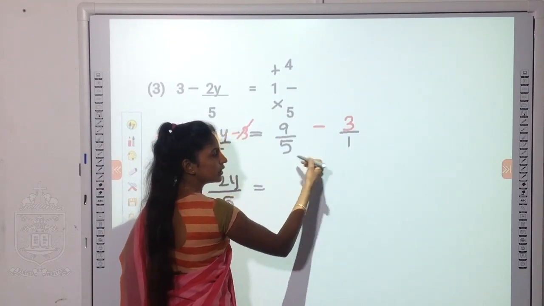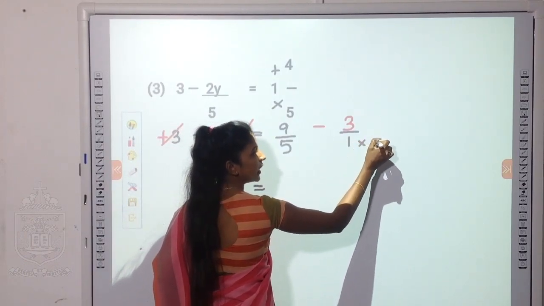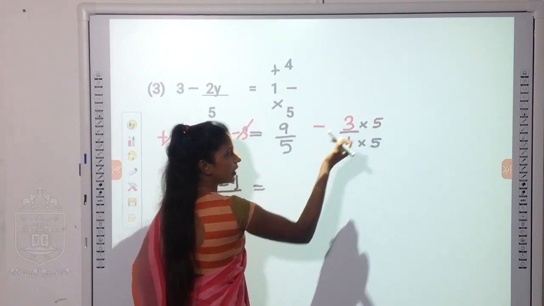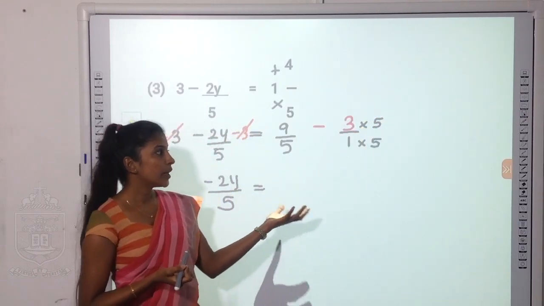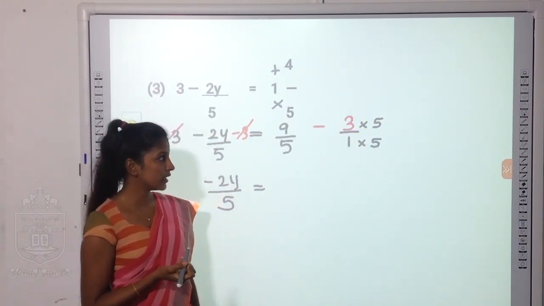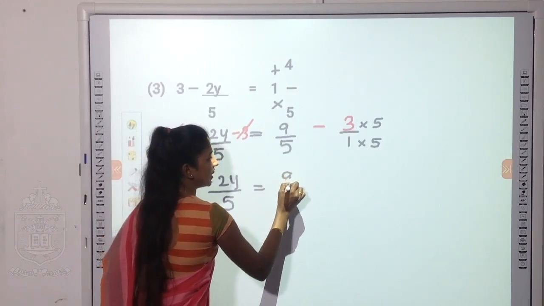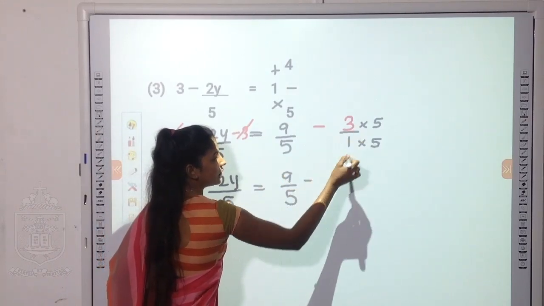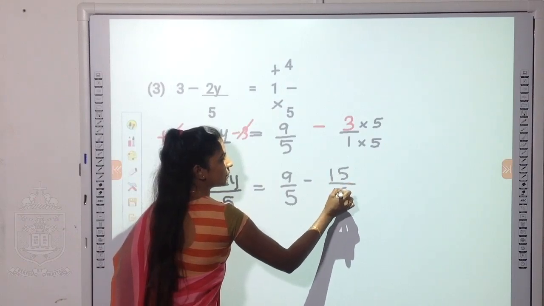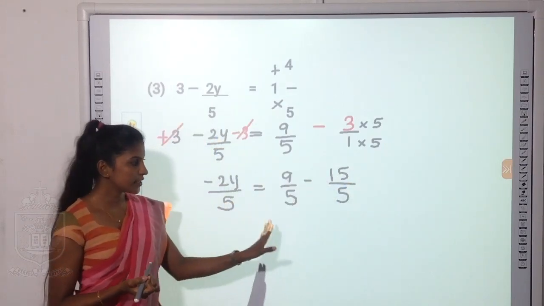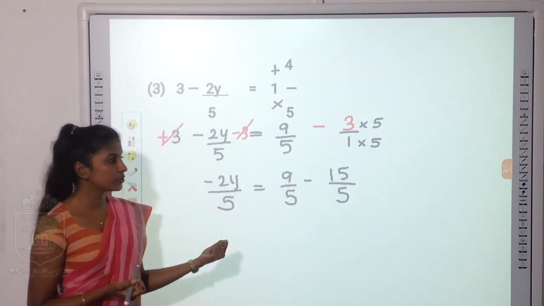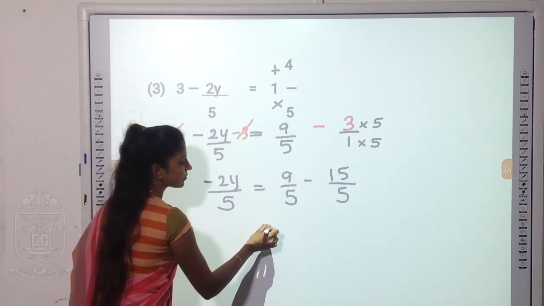So how can you make the denominator common here? You can multiply both the numerator and the denominator by 5. So here a part of the fractions lesson is linked also. Once you make an equivalent, you will have 5 times 3, 15. 5 times 1, 5. Now you can see the denominators are common so that you can subtract.